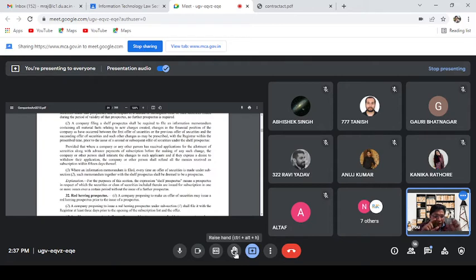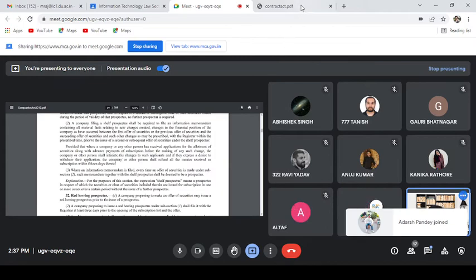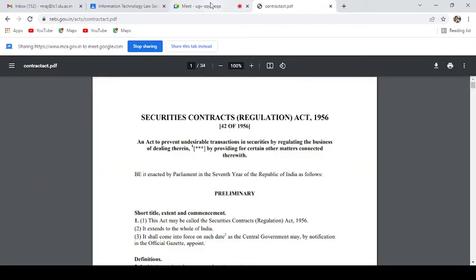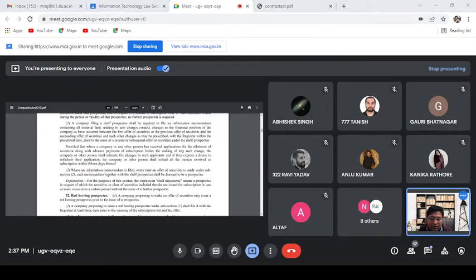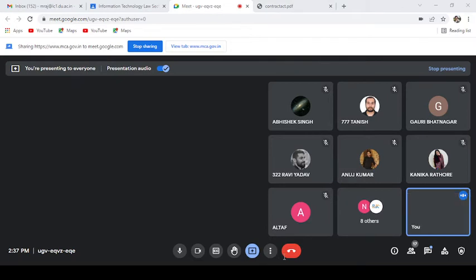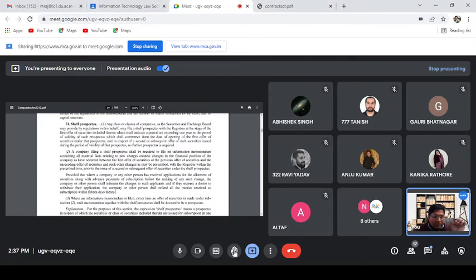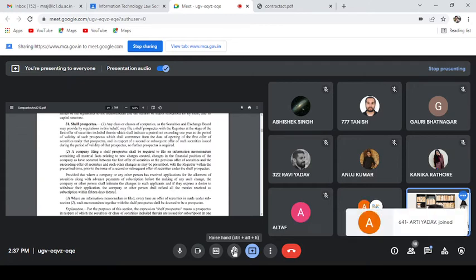See, whatever is written in the section is the law. Even the marginal note of the section, like this section 31 saying shelf prospectus, is also not the law. Law is from subsection 1 to subsection 3.